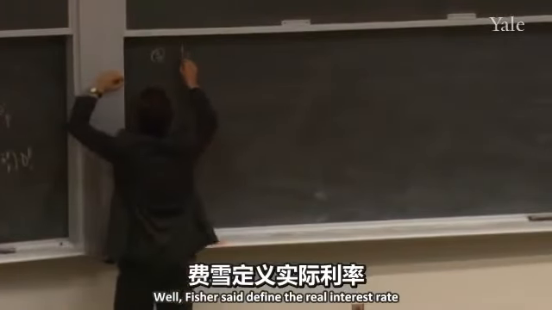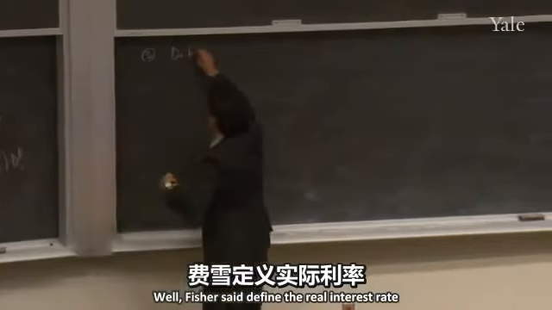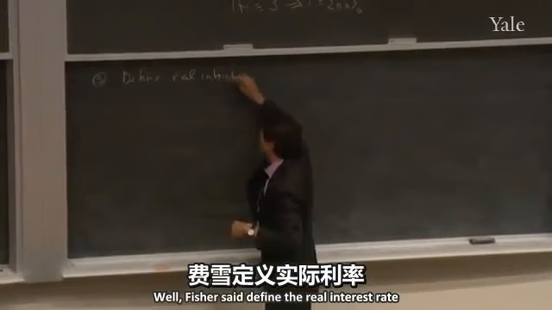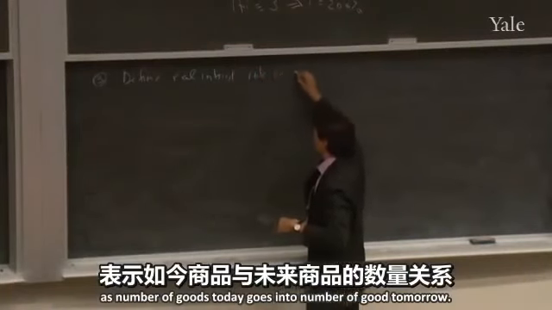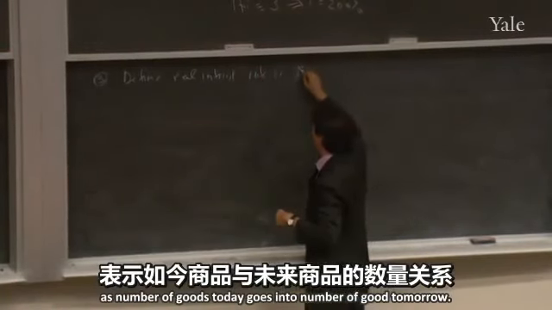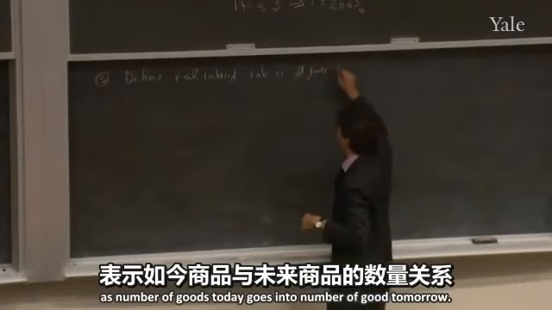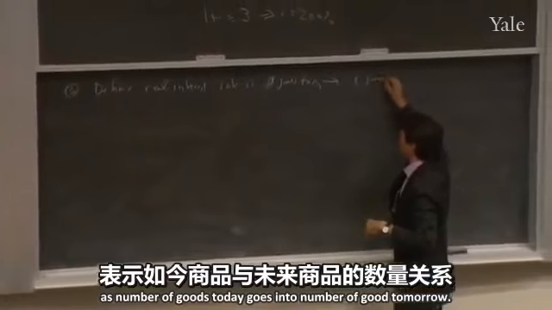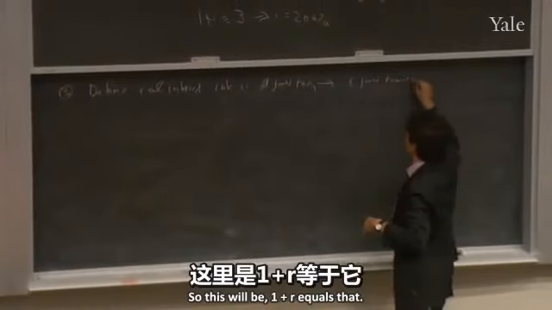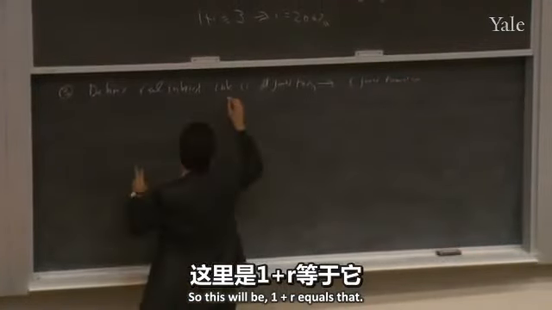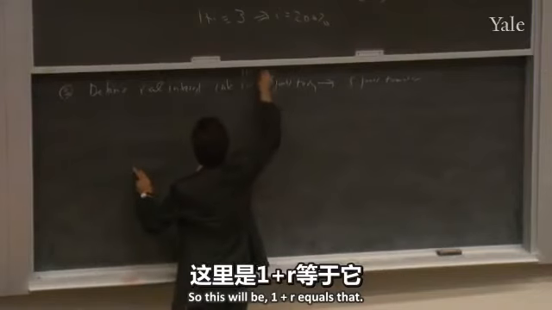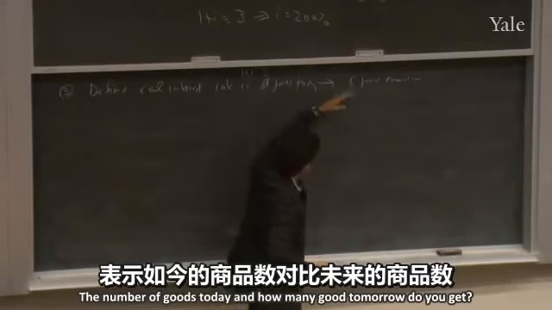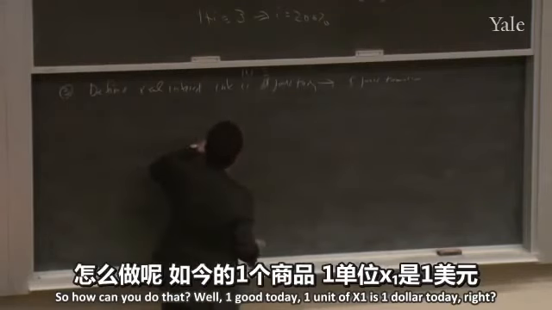Well, Fisher said, define the real interest rate as the number of goods today that goes into the number of goods tomorrow. So this will be 1 plus R equals that. How many goods tomorrow do you get for the goods today? So how can you do that?